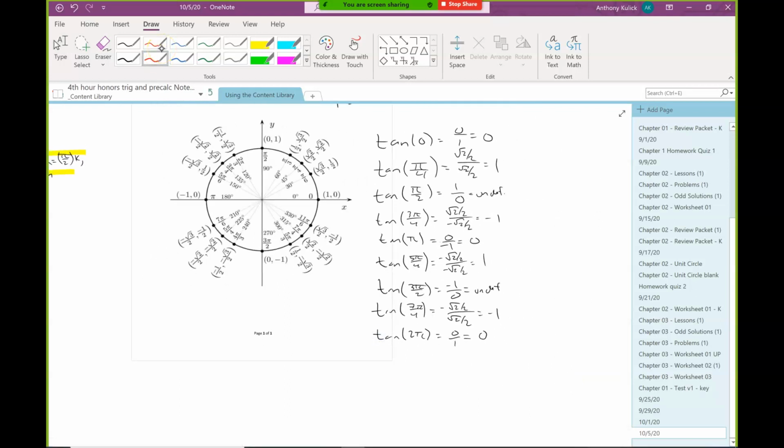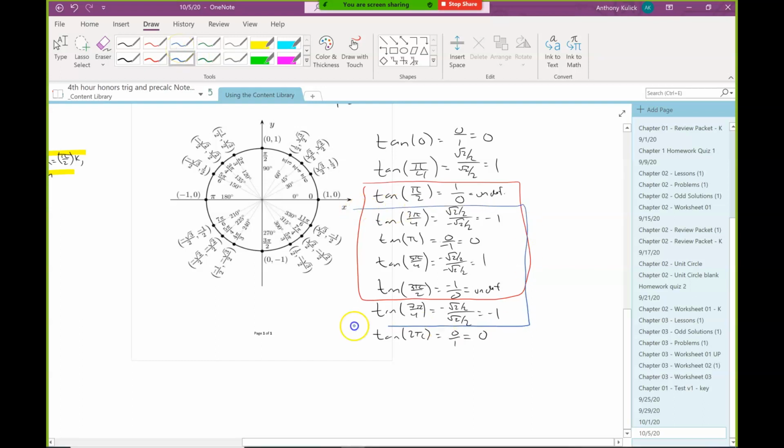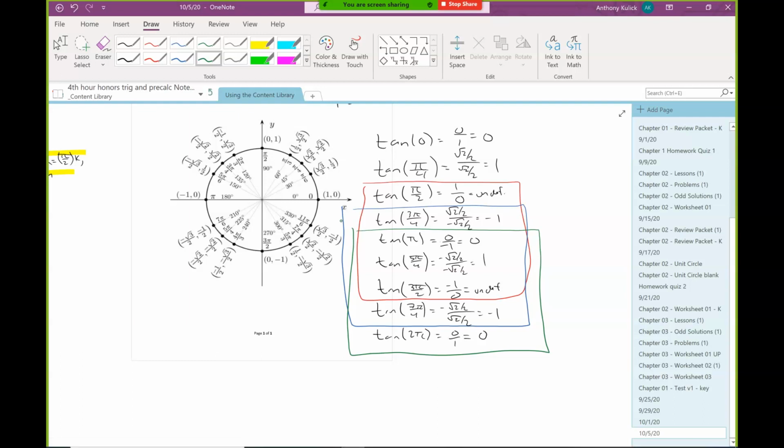So if we look at this, what's going on here is this is my period, right? Notice that if I go one more section down, it's still the exact same thing. Or if I loop one more section down, it's still the exact same thing, right? Everybody sees that the period is just pi units.